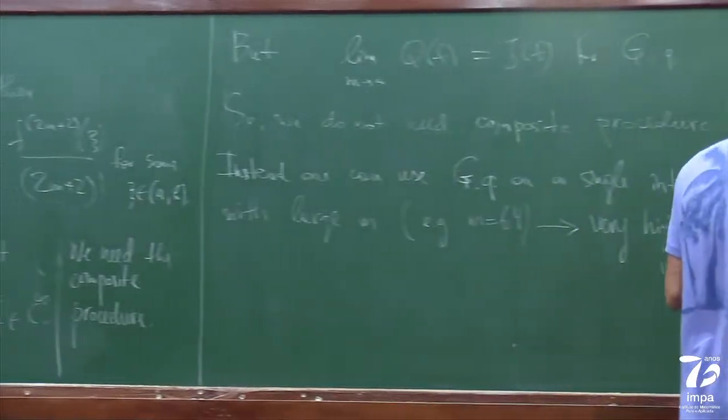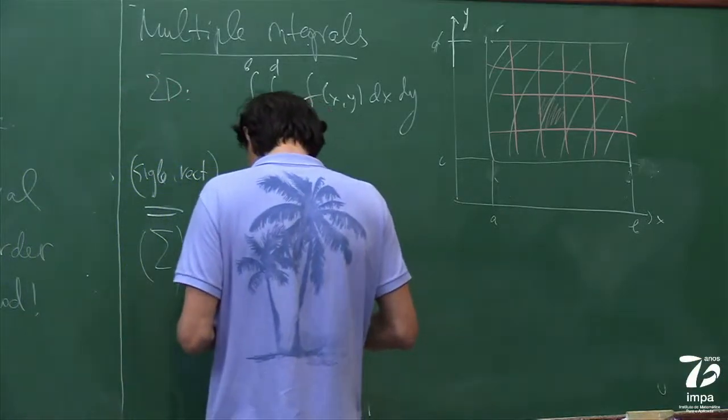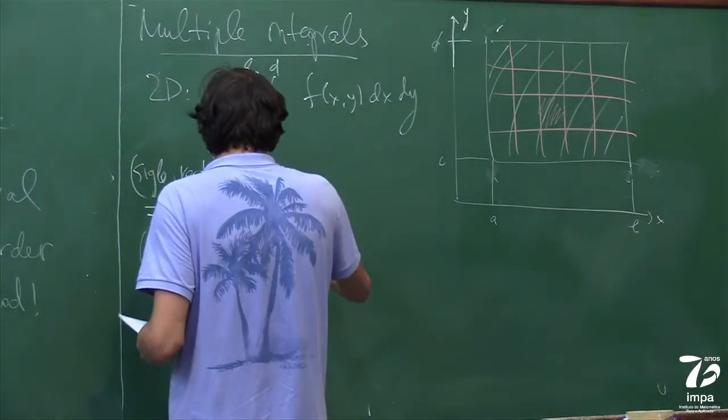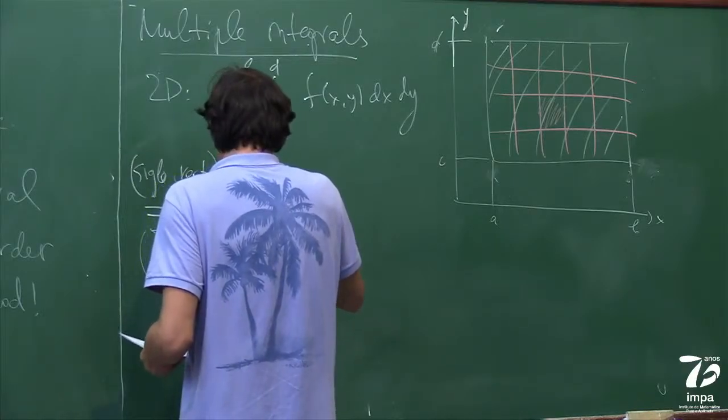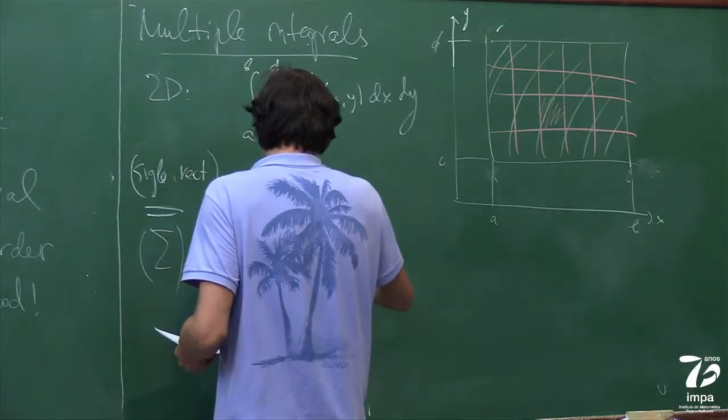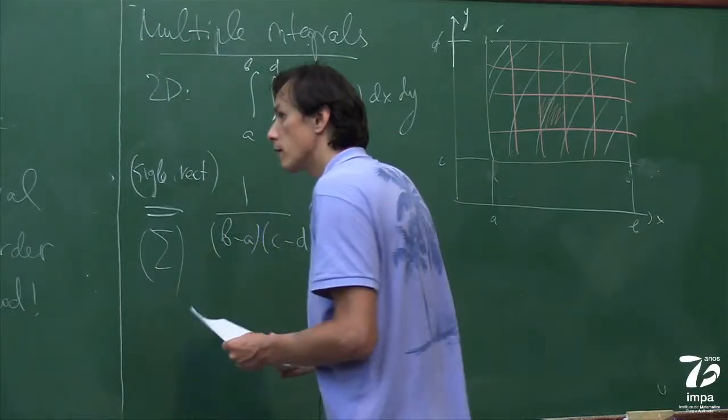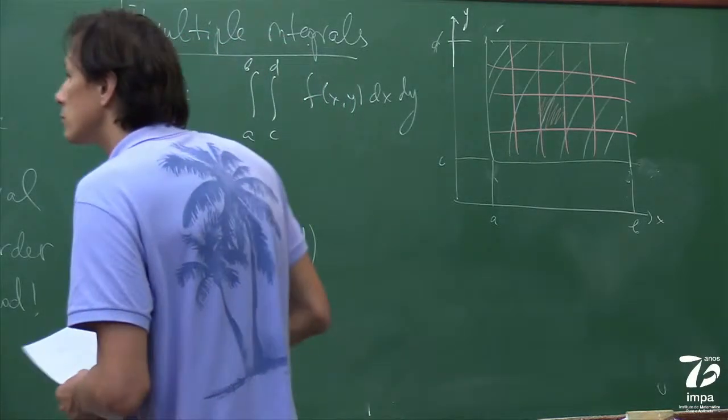Essentially, it will be b minus a, d minus c, and then there will be two sums.